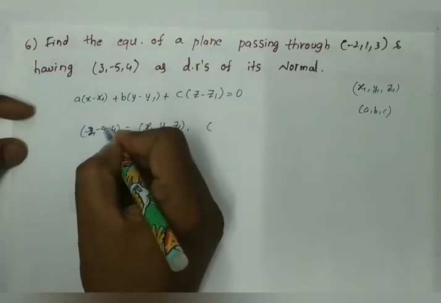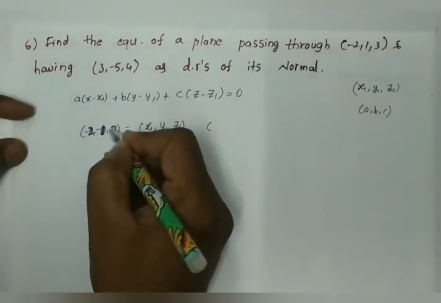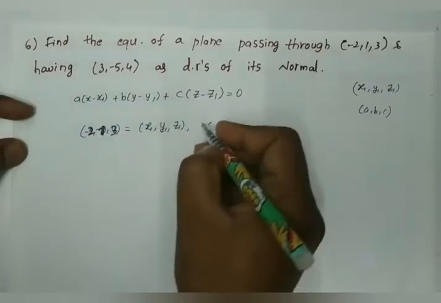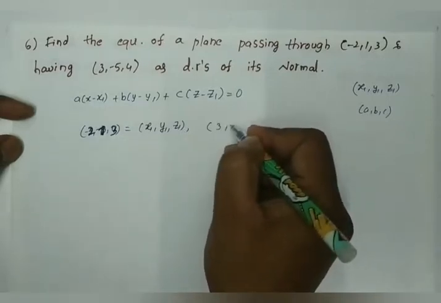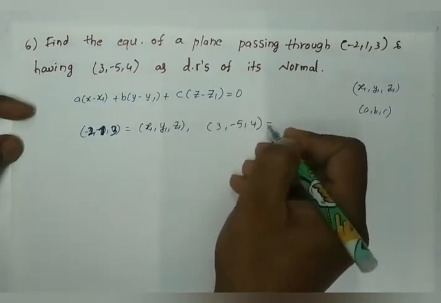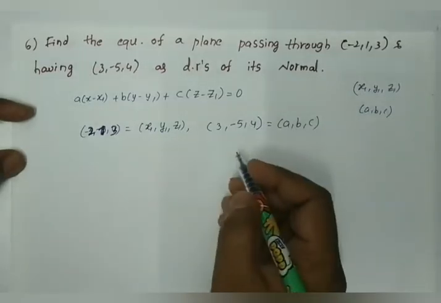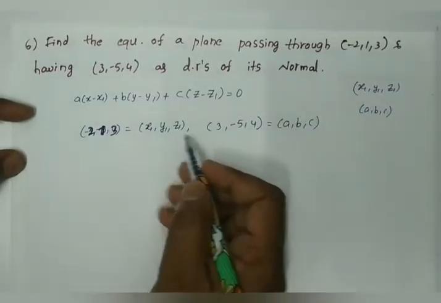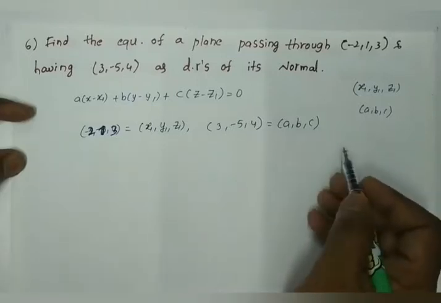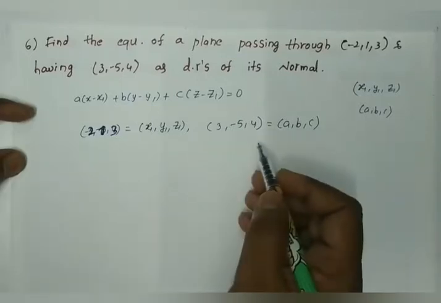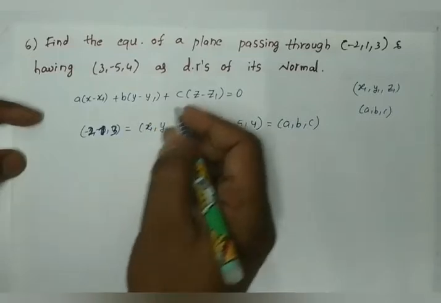So this is the point -2, 1, 3, and 3, -5, 4 are a, b, c. Let us consider the given point as x1, y1, z1 and the direction ratios as a, b, c, and just substitute in the given formula.